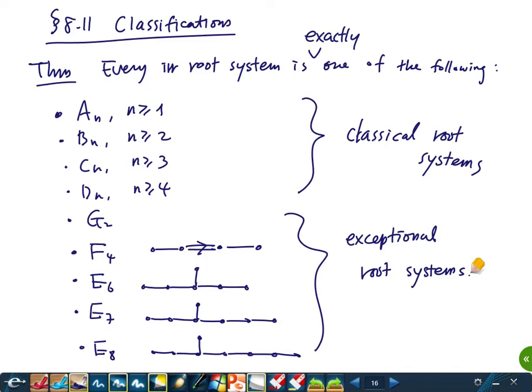So what's nice about this classification is that suppose you want to prove some property of a root system in general, say, property P. Of course, you may prove this using just general theory, but you can also prove this case by case.